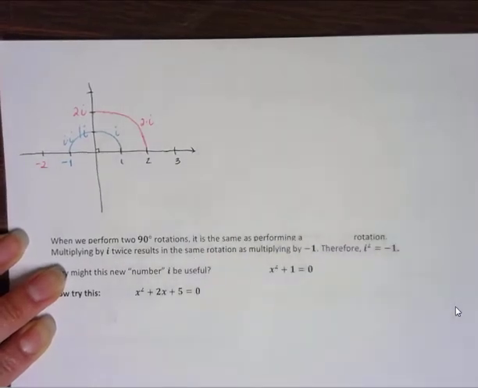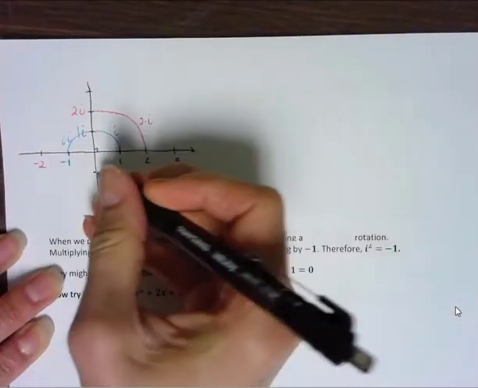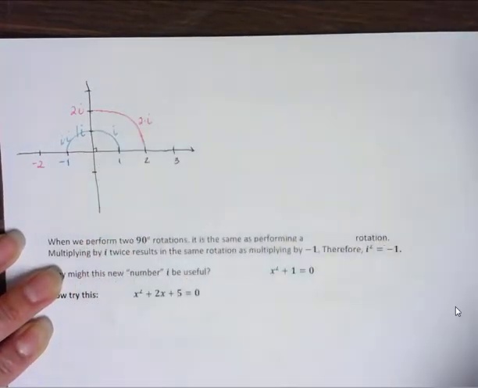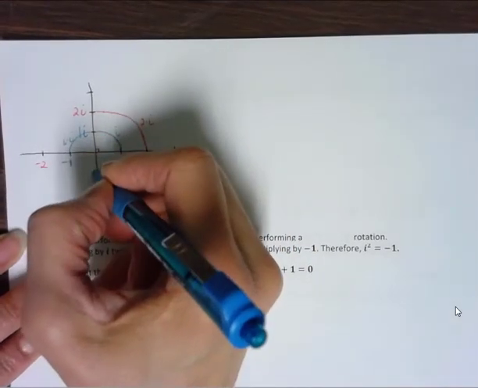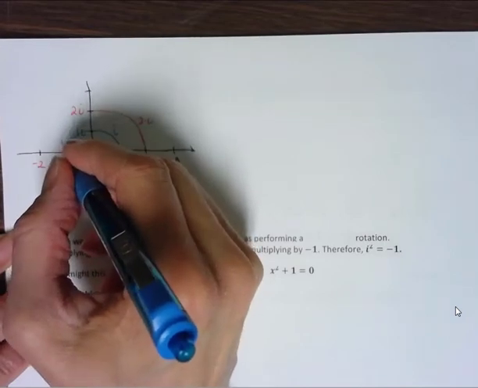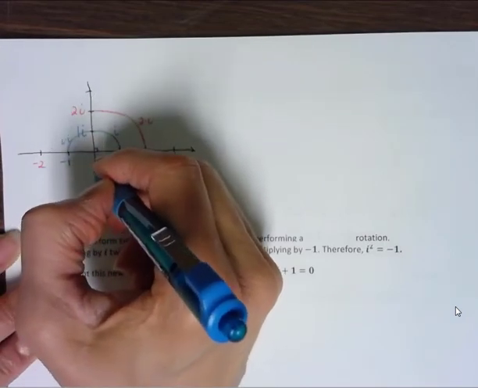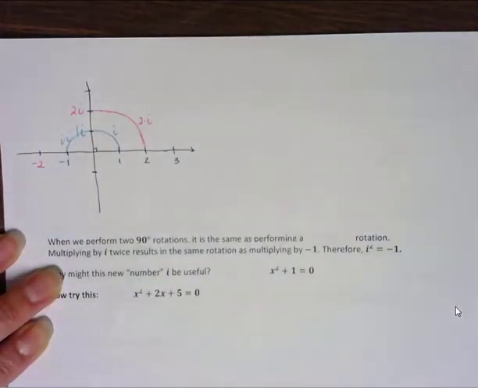Okay. And then what if I wanted to go another 90-degree rotation? So I wanted to get down to this point, which we know would be another rotation here. So that means I'd have i times the i for the 90 there, and then times the i for there.